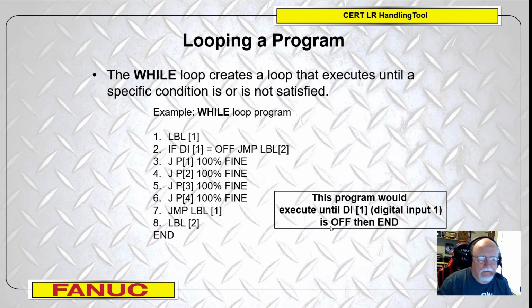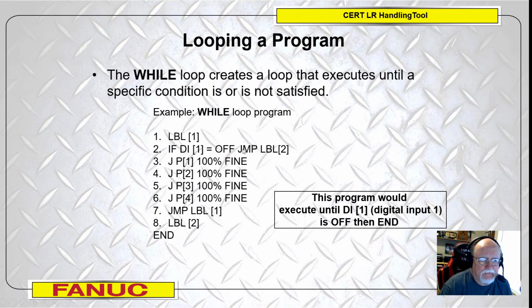And then the while loop creates a loop that executes until a specific condition is or is not satisfied. So if we look here, we have if digital input 1 equals off, jump to label 2. So if digital input 1 is off, then we jump down to label 2, which will end the program.